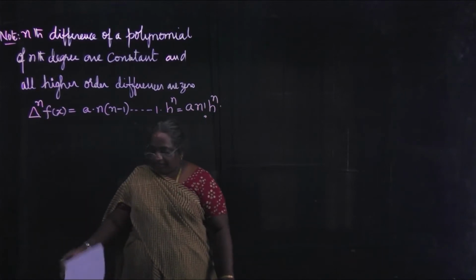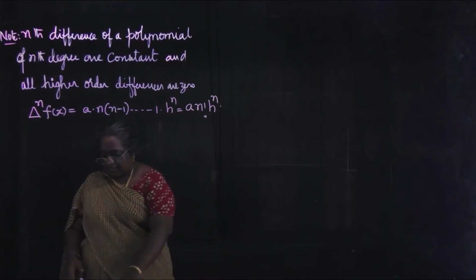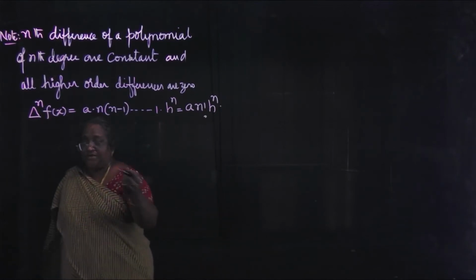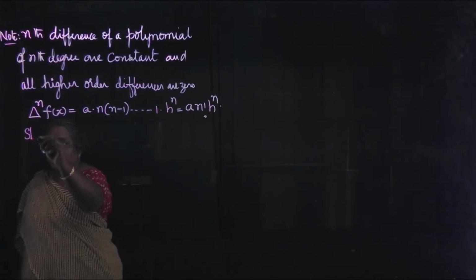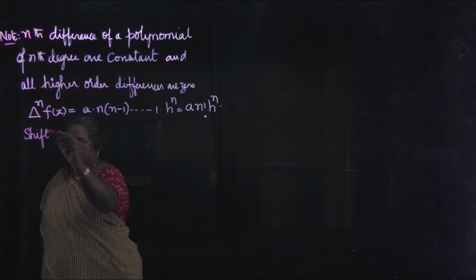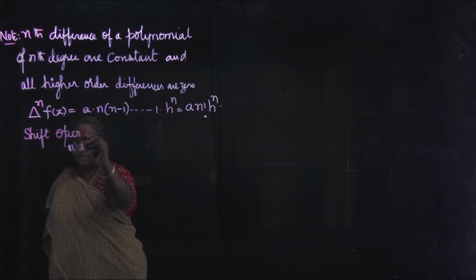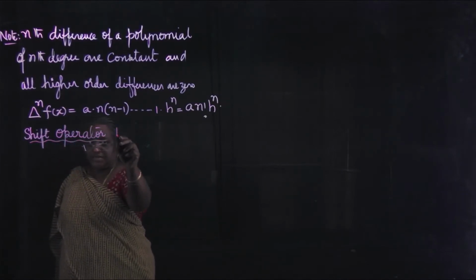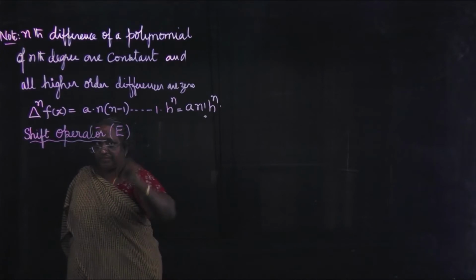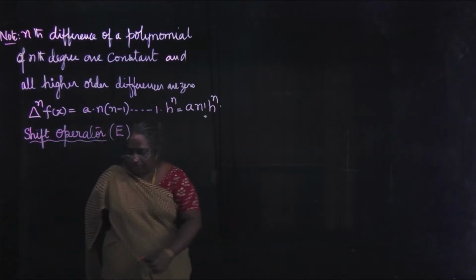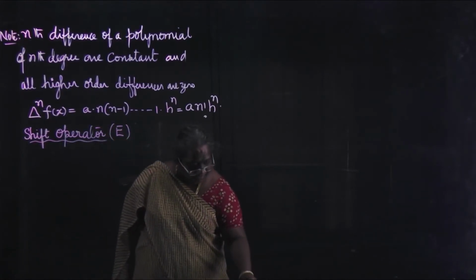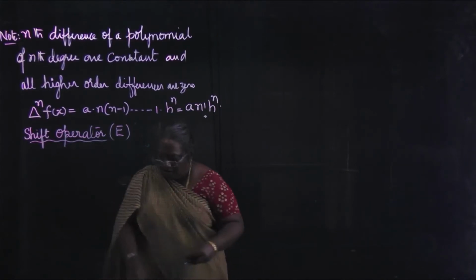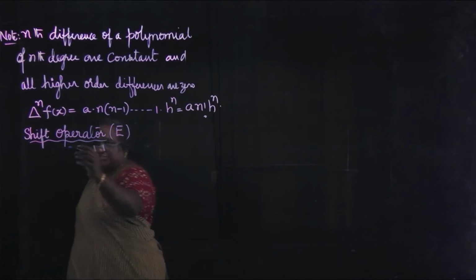So now we see the operators. In addition to the forward operator and backward operator, we have another operator which is called the shift operator. What is this shift operator? It is indicated with capital E. It is the operation of increasing the argument x by h.